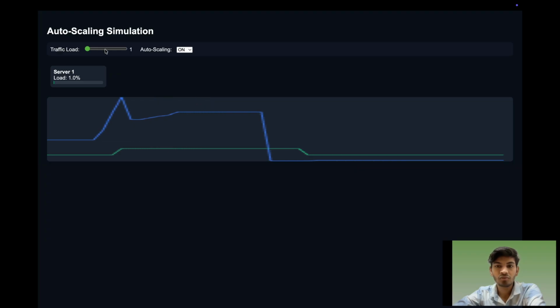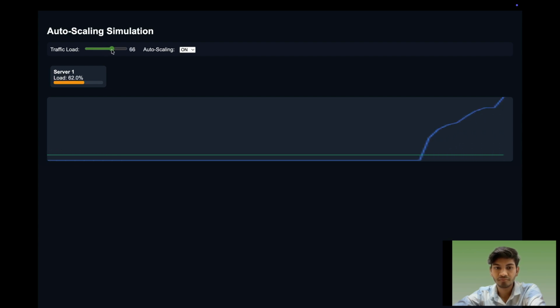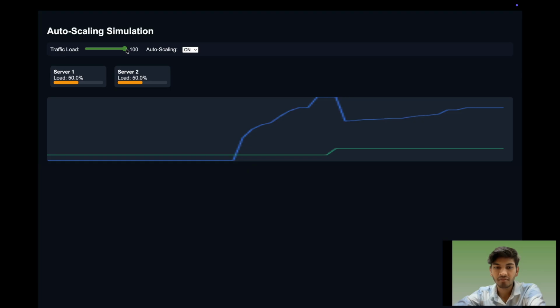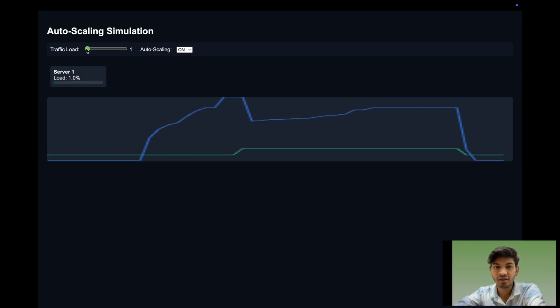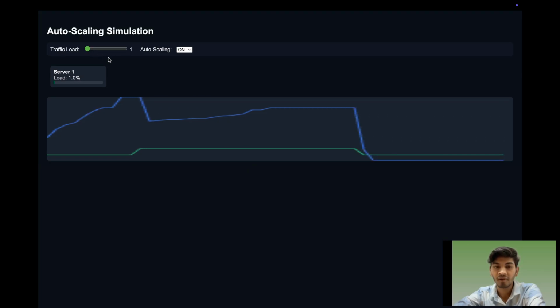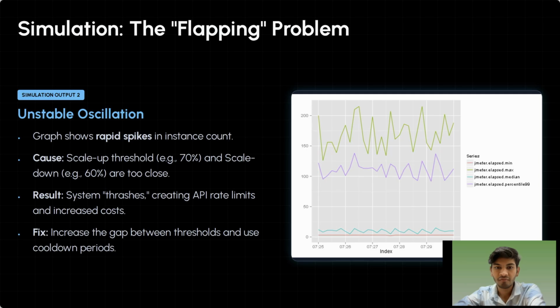If there's no cooldown or if the thresholds aren't configured properly, the system immediately removes the servers. Then, when traffic rises again, it adds them back. This constant bouncing, adding and removing capacity, is called flapping. It wastes resources and can cause instability. Real autoscaling systems prevent this using cooldown timers and smarter scaling rules.